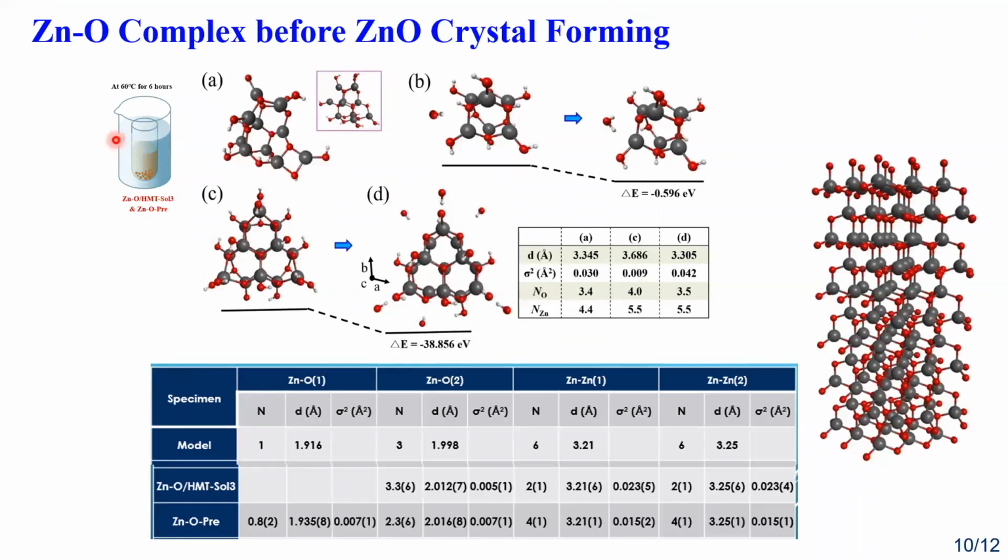In the solution at 60 Celsius, after 6 hours, the zinc complex becomes this kind of structure, and the zinc oxide precipitate at the bottom of the solution has a different structure. So this structure finally changes into zinc oxide.